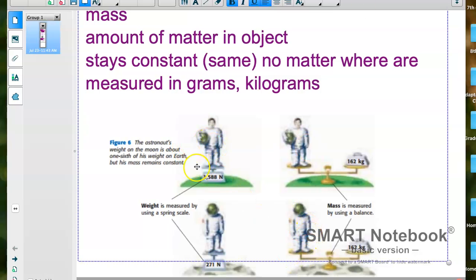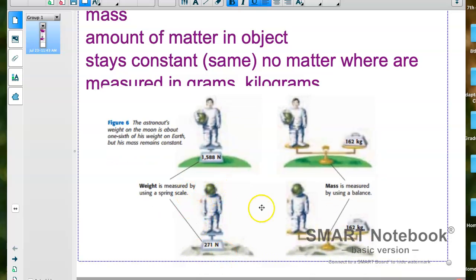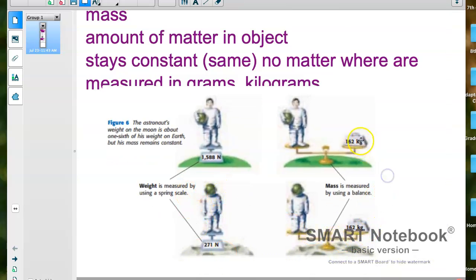So here he is on a spring scale measuring the weight, right? He's on Earth and he's 1,588 newtons. Now he's in space and he's 271 newtons down here. And then over here, look, he still has the same amount of mass. He's 162 kilograms. That's the amount of matter in him. It does not change whether he is on the moon or on the Earth.